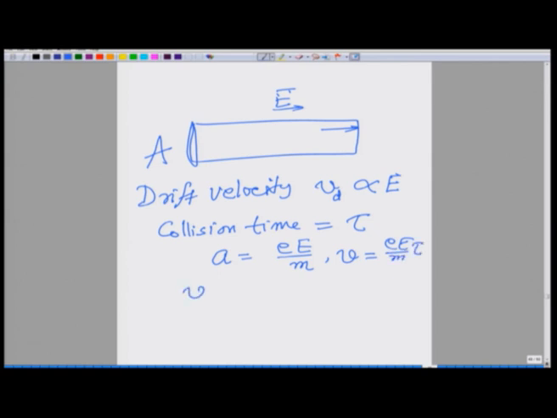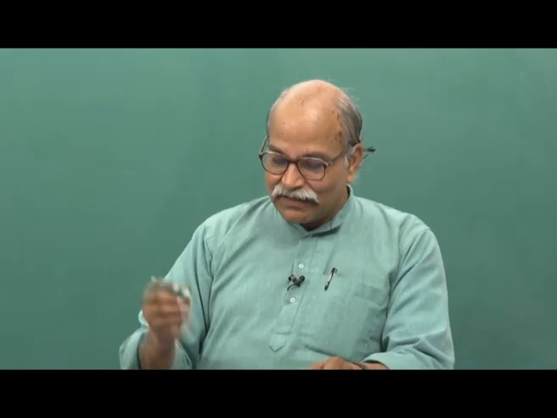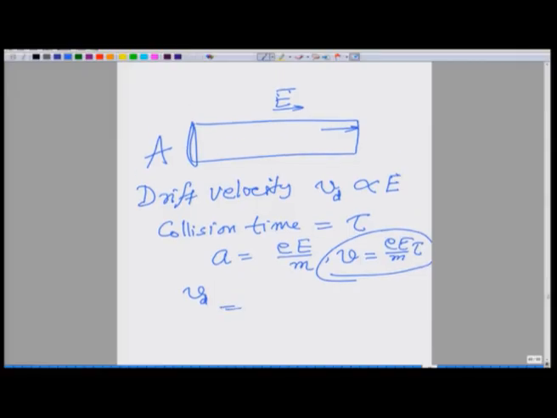So, this drift velocity which is of this order, this is a very rough calculation. So, this is of this order, some constant multiplied by this. So, this drift velocity is small e tau over m times E. So, this is the proportionality constant, and this also has a name. This is known as mobility, and it is written as mu.